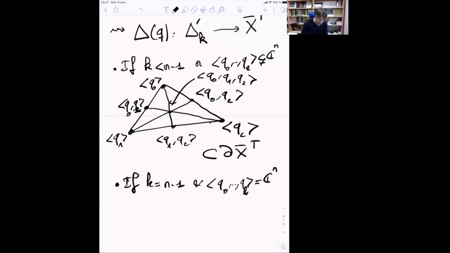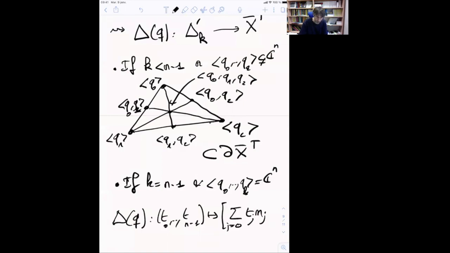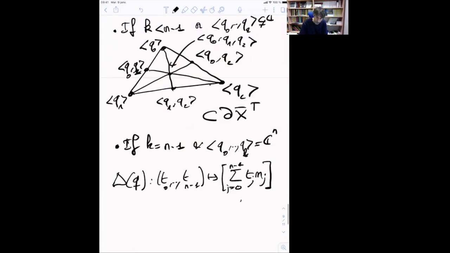Then we define the map in barycentric coordinates as a combination of some rank 1 forms.